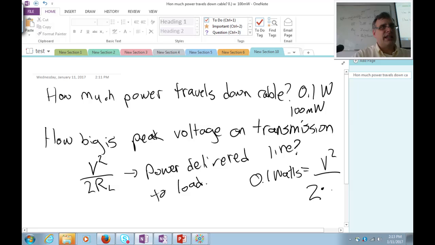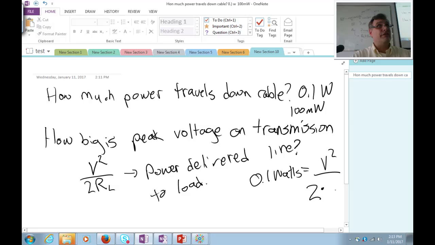So if we know what that power is already, 0.1 watts, then we can solve for V squared if we know what the impedance is. In this case, we said it's a 50 ohm impedance line. Now, keep in mind that this is not necessarily a resistive load. We're talking about a cable originally in the problem statement.